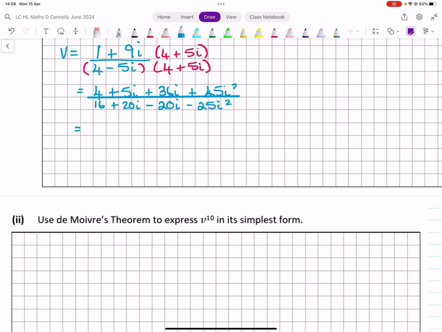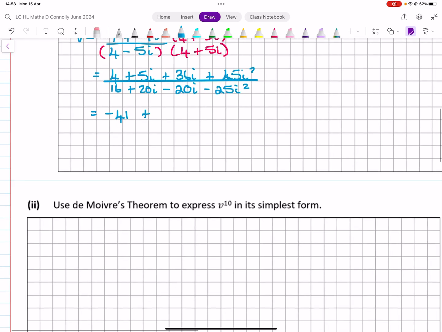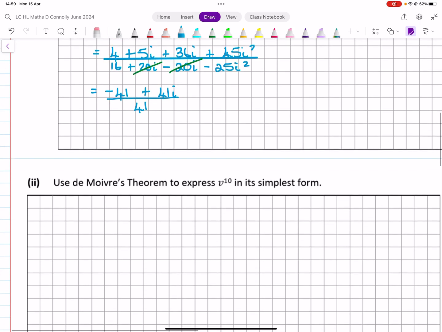So that is 4 minus 45, which is minus 41, plus 36 plus 5 is 41i. They cancel. And that's going to be 16 plus 25. Is that also 41? Yep. So what's v? Minus 1 plus i.